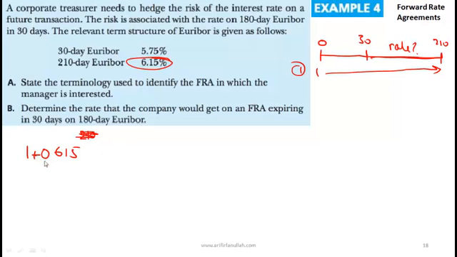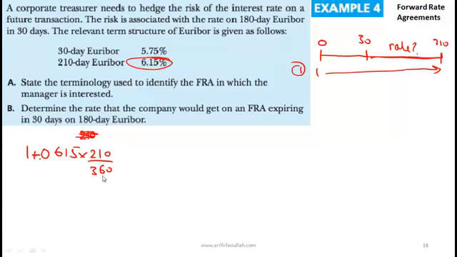So it would be 1 plus 0.0615 into 210 over 360. The 0.0615 is an annualized rate. We change that into a 210-day rate by doing 0.0615 into 210 over 360.